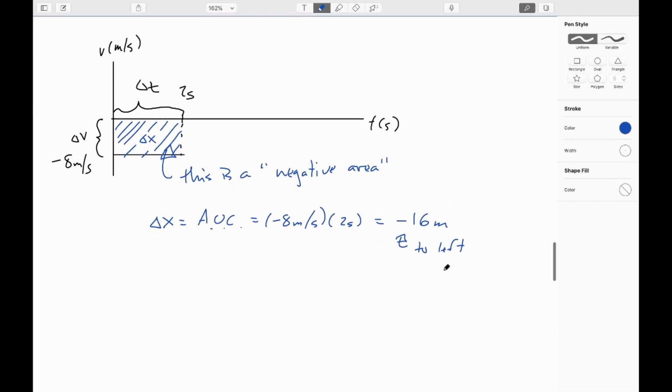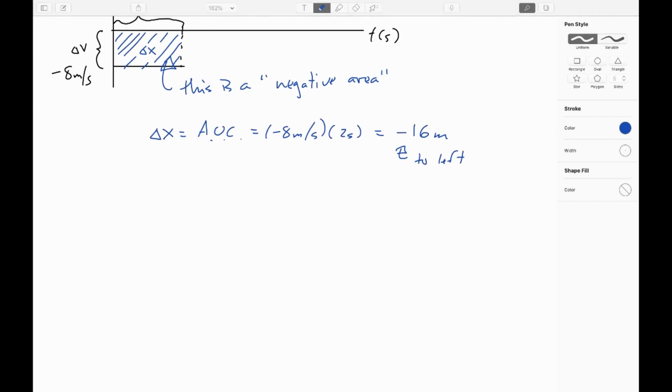Okay. So with all of that, we're going to finish up with a quick definition of uniform motion. There are a bunch of equivalent definitions.